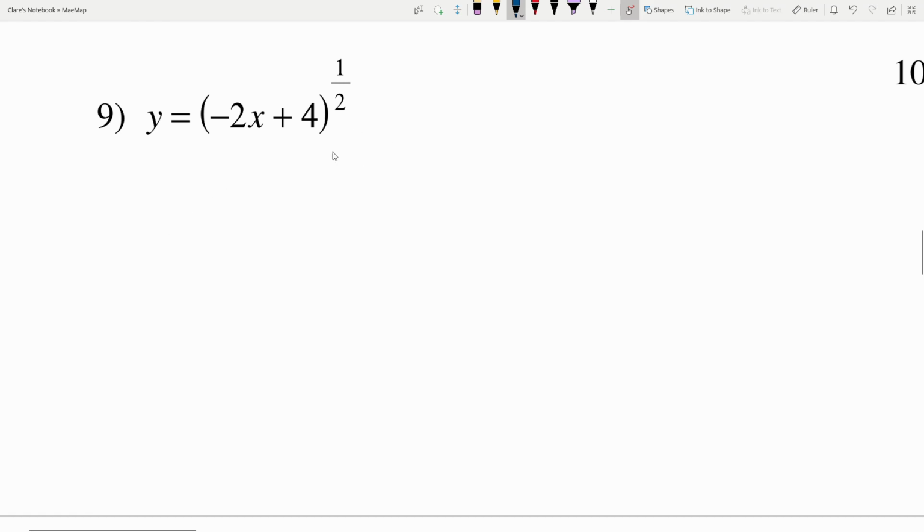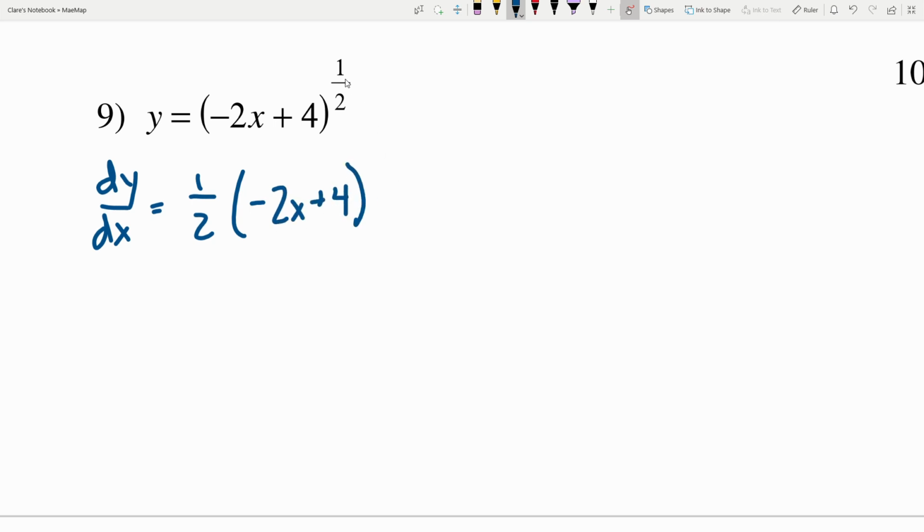So in number 9, let's take the derivative. And we're going to take that derivative using the chain rule. So the derivative of y with respect to x, I'm going to bring that 1/2 down in front, and then we're going to have negative 2x plus 4 still on the inside, and subtracting 1 from 1/2 will leave us with a negative 1/2. Now, because I did the derivative of my outermost function, which was my function raised to the 1/2, now I'm going to take the derivative of that innermost function, which is negative 2x plus 4.